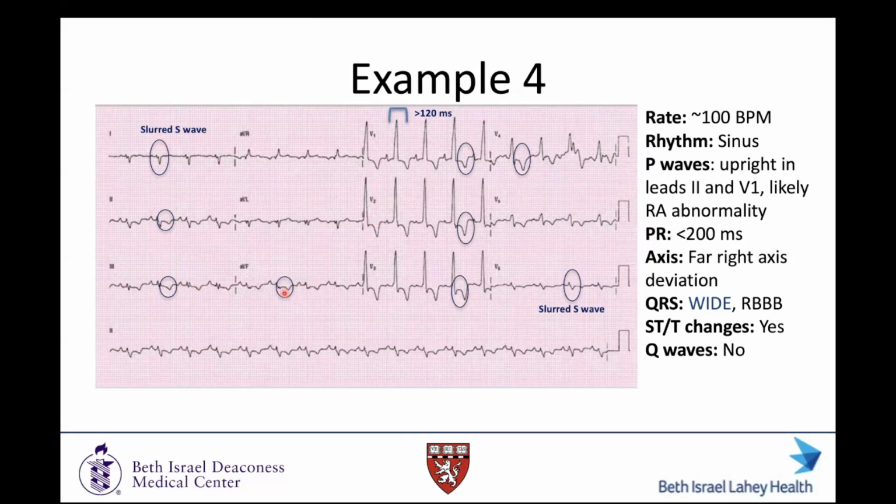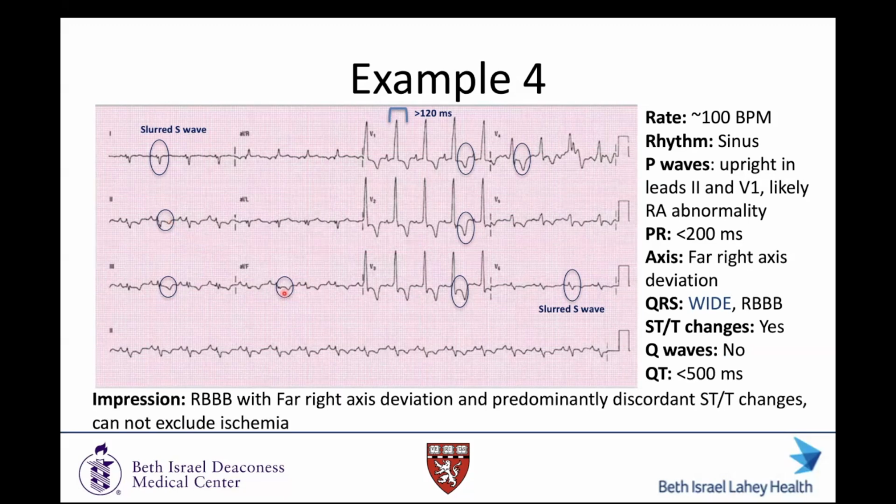We are not seeing any Q wave specifically, and our QT interval is normal. So this EKG is showing us we have a right bundle branch block, far right axis deviation. We're seeing predominantly discordant ST changes, like I pointed out here, but you cannot exclude ischemia given the extent of these ST depressions and T wave inversions.